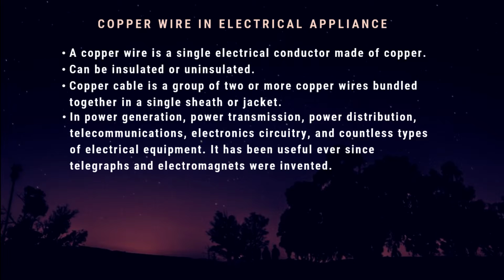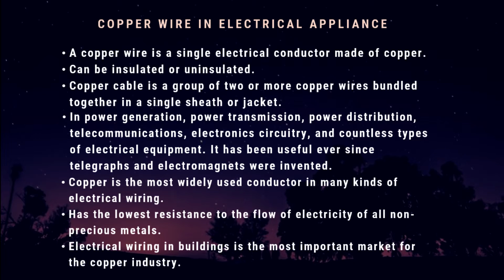Basically, it's used in power generation, power transmission, power distribution, telecommunication, electronic circuitry, and countless types of electrical equipment. It has been useful ever since the telegraph and electromagnet were invented. Copper is the most widely used conductor in many kinds of electrical wiring. It has the lowest resistance to the flow of electricity of all non-precious metals. Electrical wiring in buildings is the most important market for the copper industry.